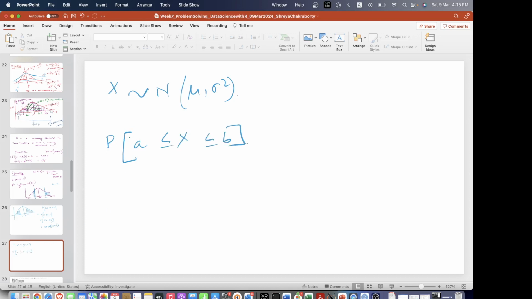So the first thing that you should do is, one thing is very straightforward. You know these values, you just calculate how much this would be. This would be probability x less than equal to b minus probability x less than equal to a. So what I am doing, essentially, this is my b and this is my a.